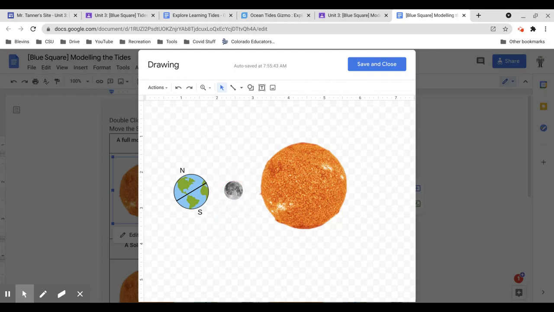So a new moon is when the moon is in between the sun and the earth. And then we can go through each phase. 1/8 of the way around makes that now a waxing crescent. We have a waxing crescent moon. 1/4 of the way around the earth is a first quarter moon.